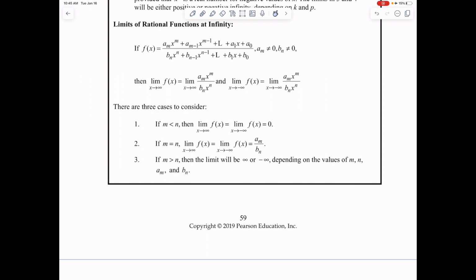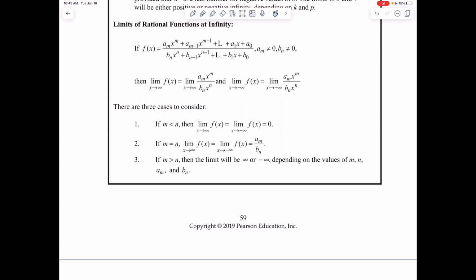So if m is less than n, that means the exponent on the denominator is bigger than the exponent on the numerator. Then our limit as it goes to infinity equals our limit as it goes to negative infinity, which is going to be 0.